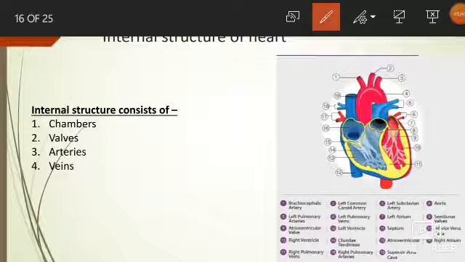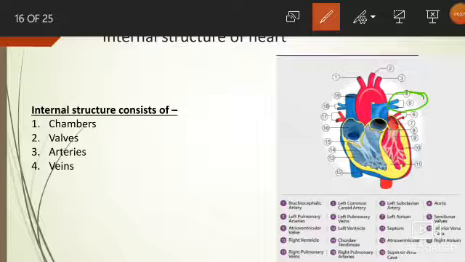Let's discuss them one by one. In this structure, you can see the left pulmonary veins. This blue color structure, number 5, is the left pulmonary veins. As these are present on the left side of the heart, they are named left pulmonary veins, which means this vessel leads to the lung region of the body.